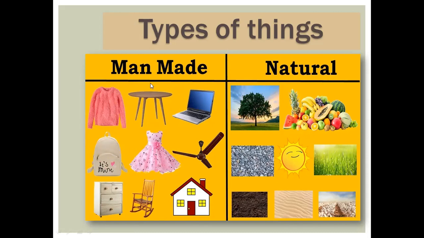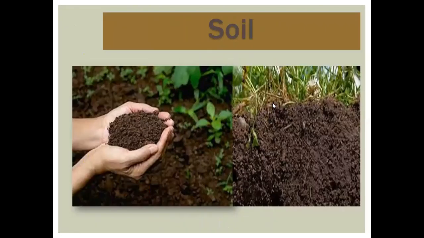With the help of natural materials, man made these things. Okay, natural. What are natural things, boys? Trees, fruits, vegetables, rocks, sun, crops, soil, sand, and oceans, seas. They all are natural materials.